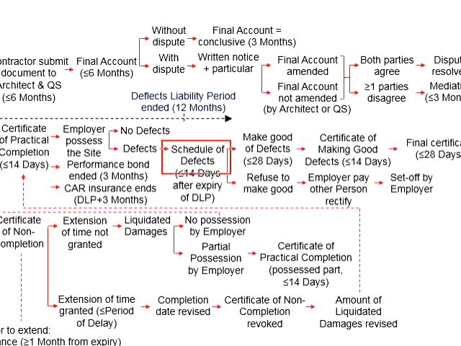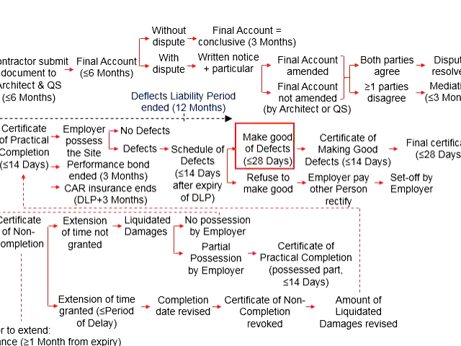Having this schedule of defects sent to the contractor, it will be up to the contractor whether to make good of those defects. Normally, the contractor should make good of those defects, and it should be done within 28 days from the schedule of defects.